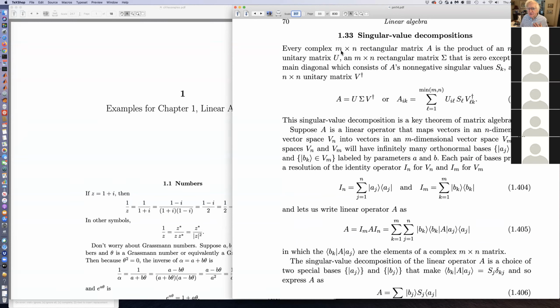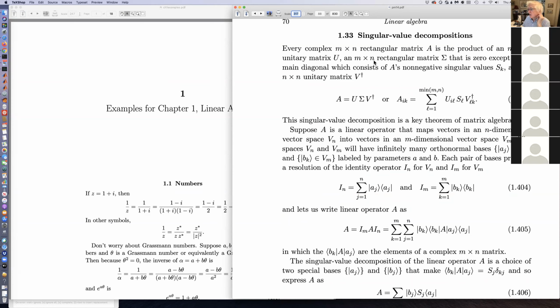the singular value decomposition, and of course the MATLAB command is svd, and then parenthesis, the symbol representing the matrix, close parenthesis. Every m by n rectangular matrix A is the product of an m by m unitary matrix U, an m by n rectangular matrix sigma. And this nice rectangular matrix sigma is 0 except on its main diagonal.